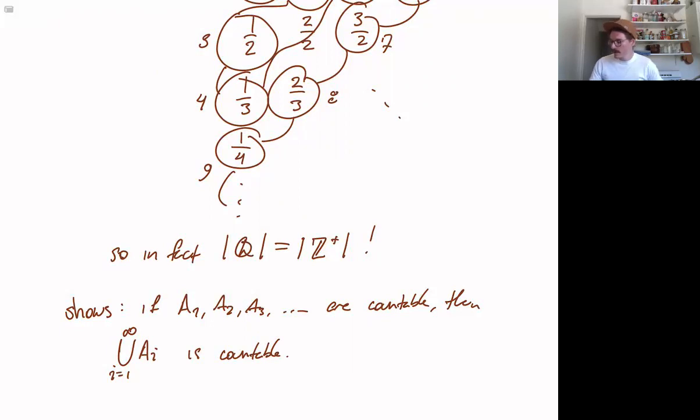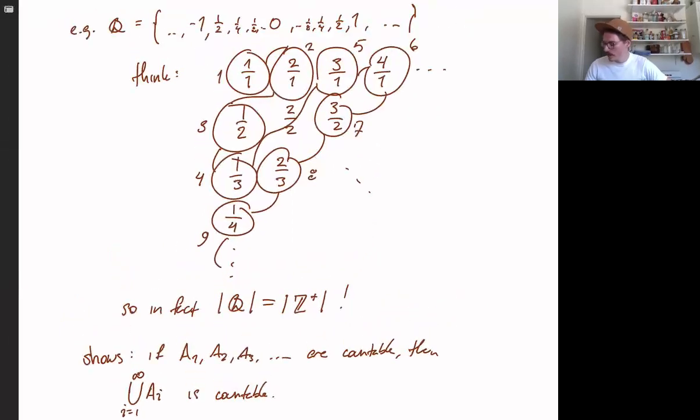And in fact, if you wanted to, you could also think of this as a Cartesian product, because each rational number is essentially an ordered pair of integers. So that shows that the Cartesian product of two countable sets is still countable. Although maybe I'm going to make that a practice problem as well.